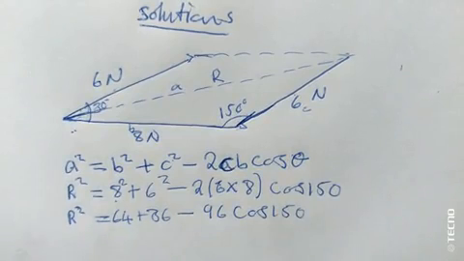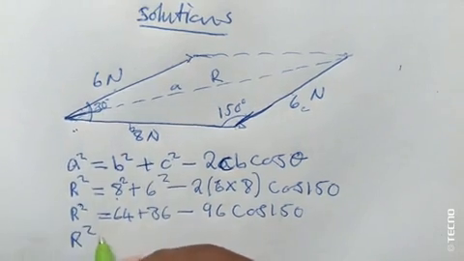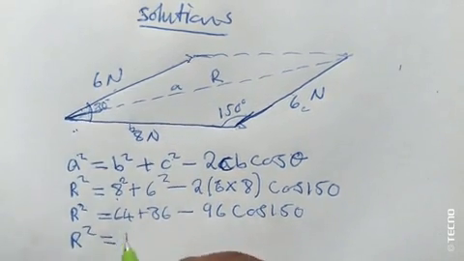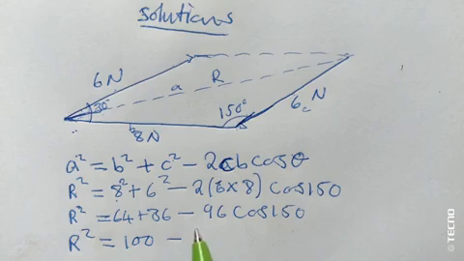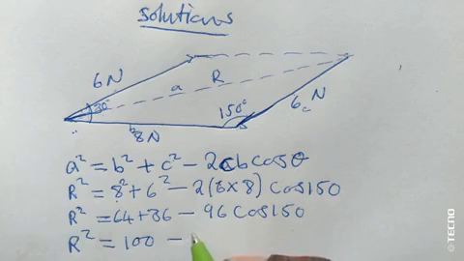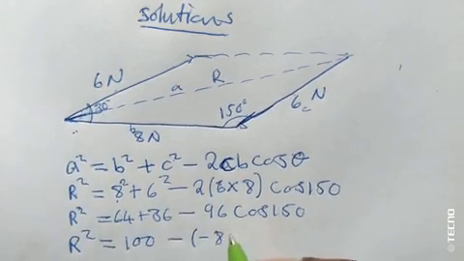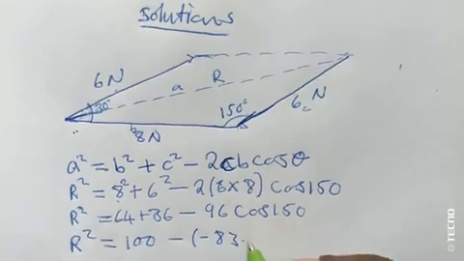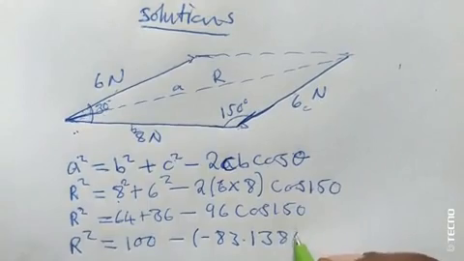150, like that. So when you add this, r squared is equal to, you add this, you get 100, then minus. Once you compute this on your calculator, the answer that I have here is negative 83.1384.